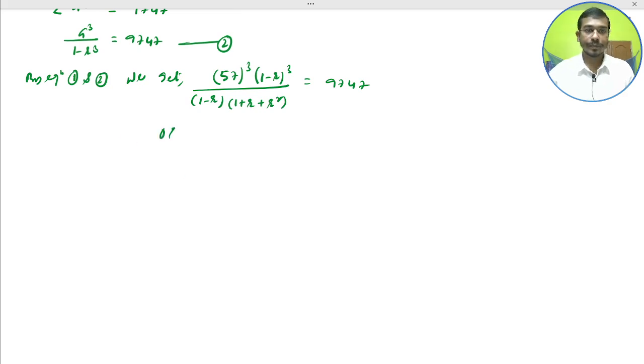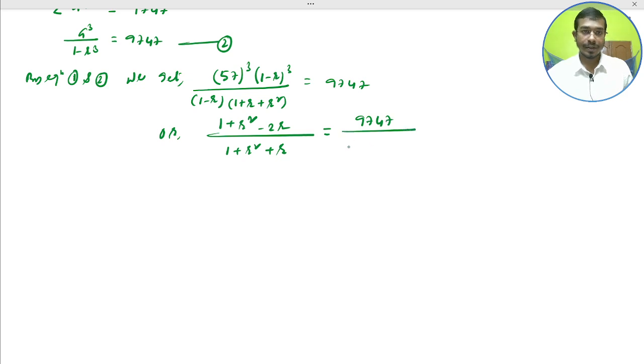So (1 plus r square minus 2r) divided by (1 plus r square plus r) would be 9747 divided by 57 cube, which means 3 times 57. This would become 1 by 19.